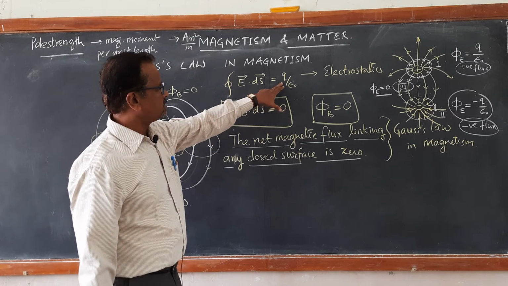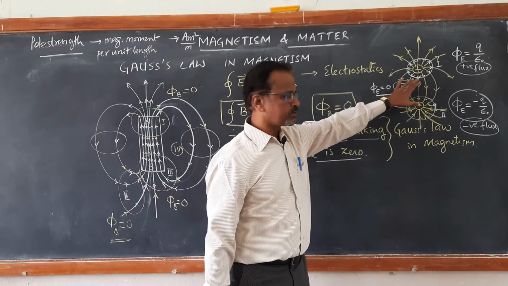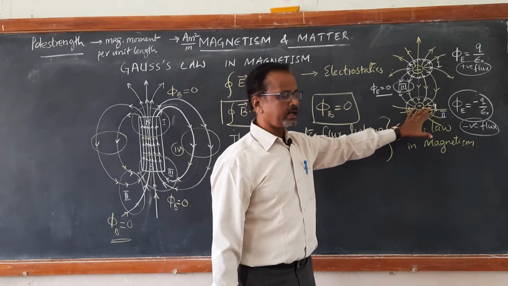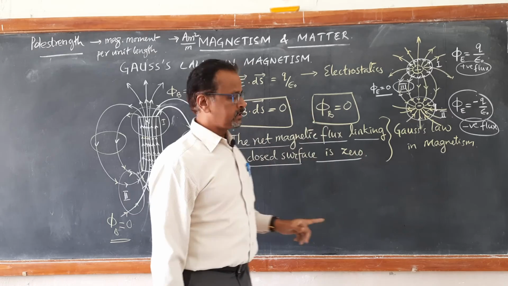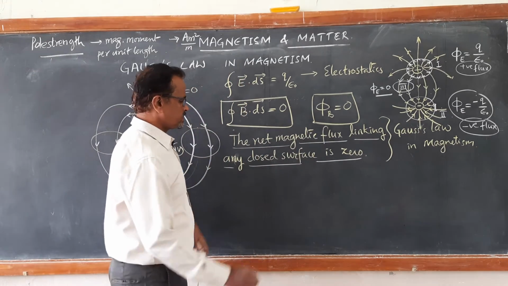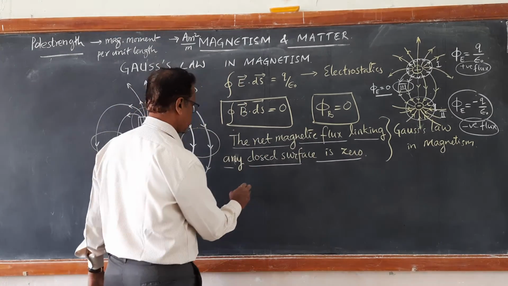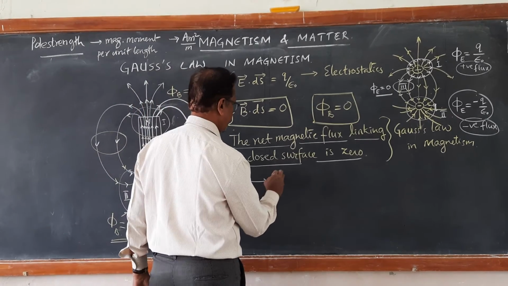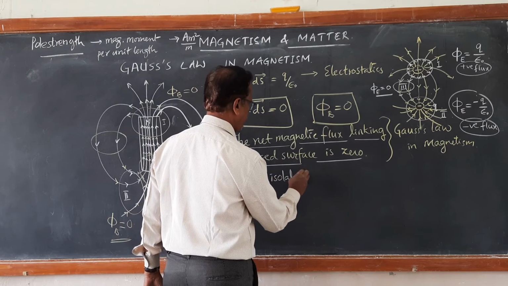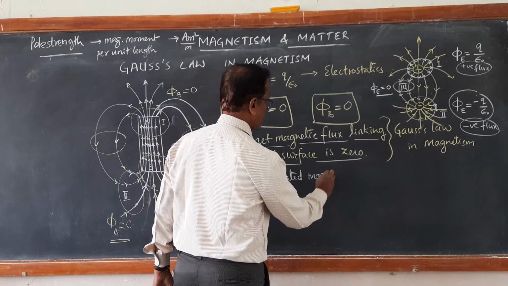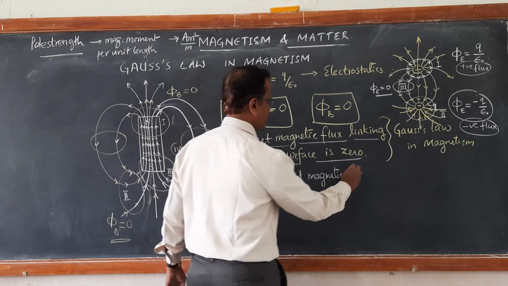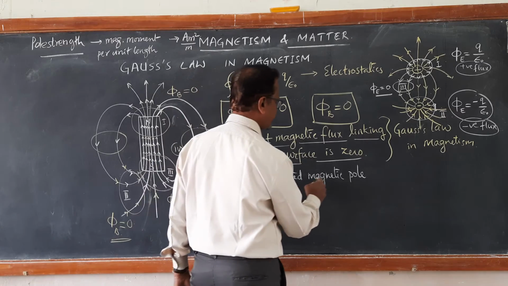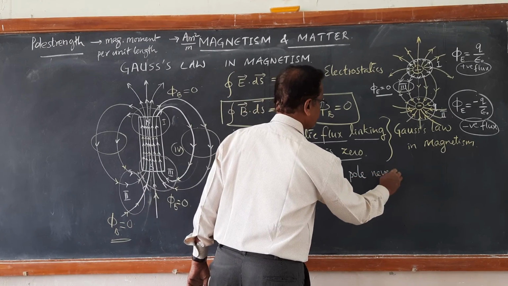Just like one can have an isolated positive charge or an isolated negative charge in electrostatics, in magnetism there is no isolated magnetic pole Qm. An isolated magnetic pole never exists.